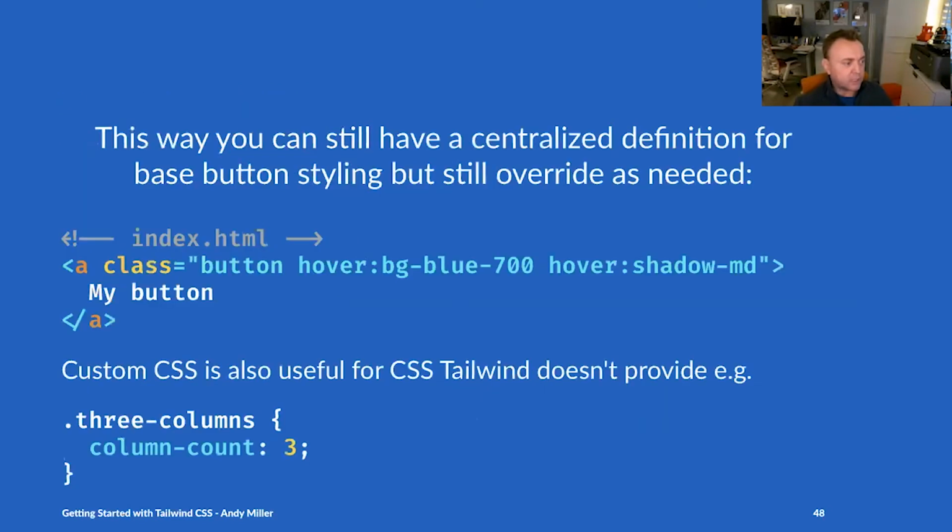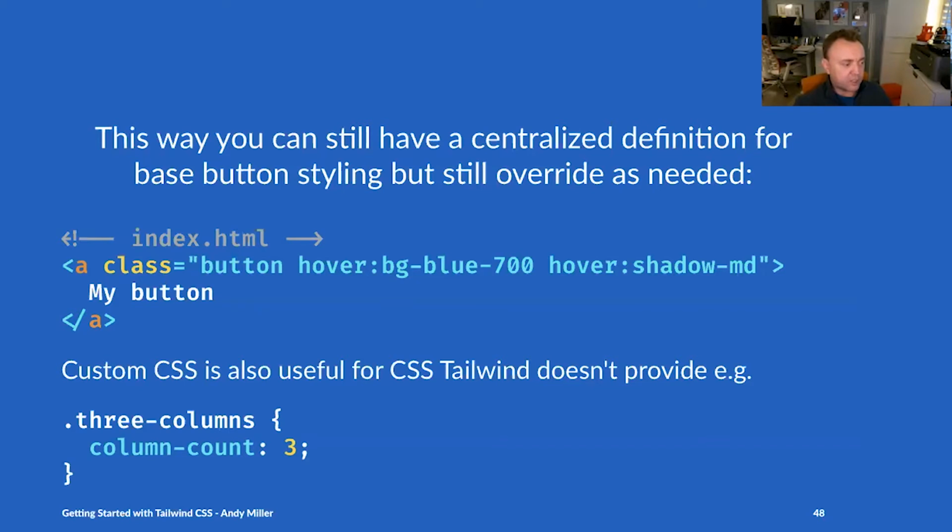And then how you would use this is just as you would expect. Inside of your HTML, you would just have class reference to this button, but I'm also using some Tailwind-specific hover variants here to set the background to be blue 700 and the shadow, a medium drop shadow, to be applied. So you can mix and match the custom classes that you've done and the Tailwind classes too.